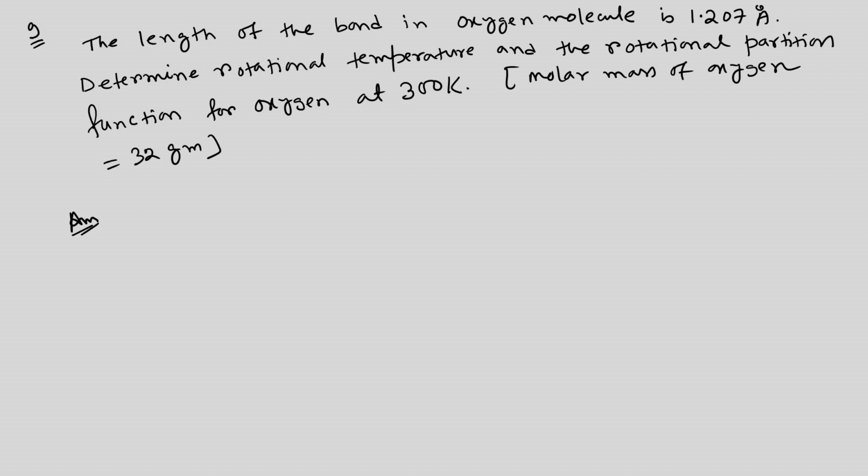So, you need to first know, because while discussing rotational partition function we considered symmetry number. So, symmetry number we need to consider here. Oxygen molecule is a homogeneous diatomic molecule. So, the symmetry number is 2 for oxygen molecule.